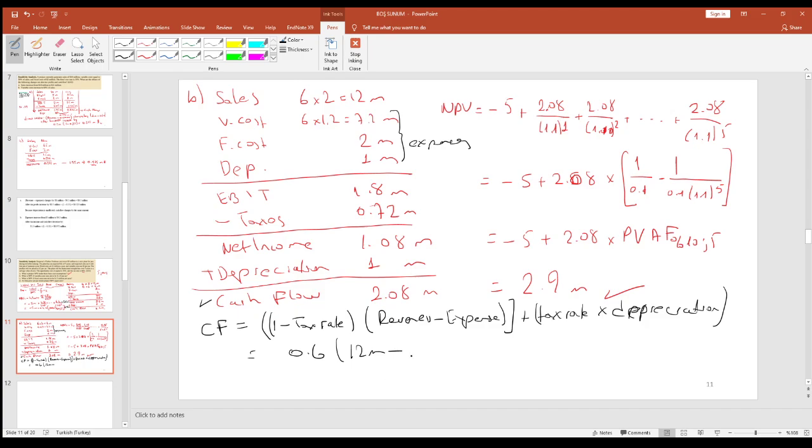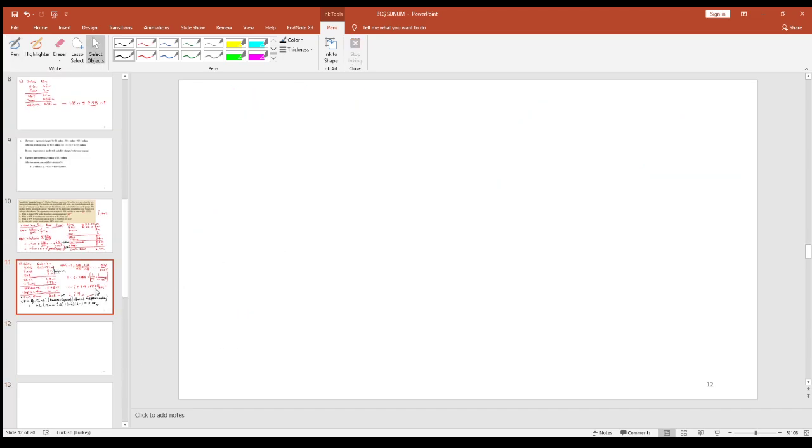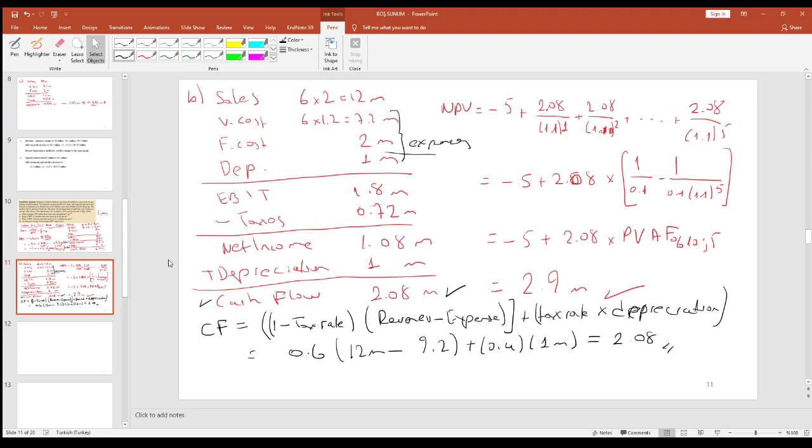Expenses, so this is excluding depreciation, of course, 9.2, plus tax rate is 40% times depreciation is 1 million, and the result of this will be 2.08, as you see here. Anyhow, it's up to you to use either method. I suggest you to use this one, but that's up to you.